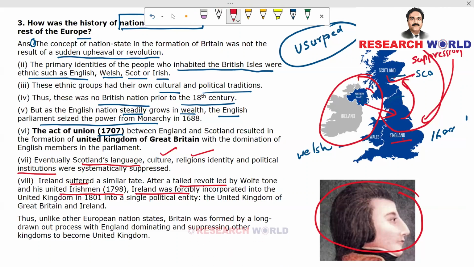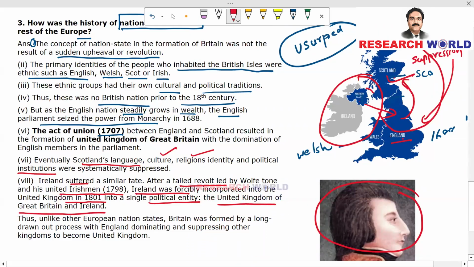That means already England and Scotland were together, and now to that Ireland was forcefully annexed, incorporated into the United Kingdom in 1801 into a single political entity, the United Kingdom of Great Britain and Ireland. Now there is an "and", Ireland was included.